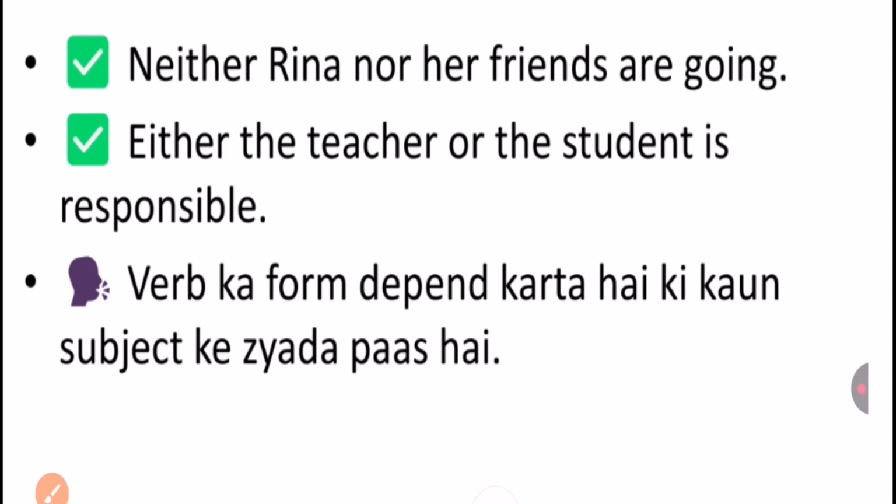It is plural. That's why we are using plural verb. But in second sentence, either the teacher or the student is responsible. So, we will use is because both are singular subjects.